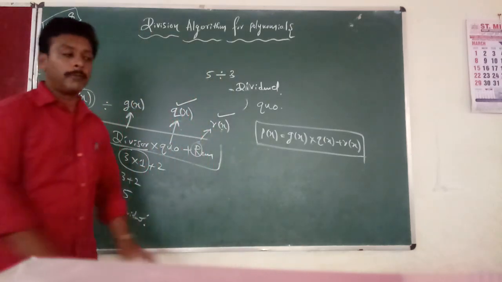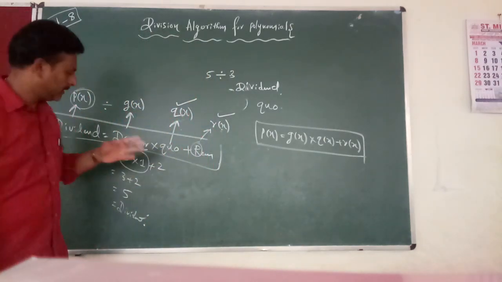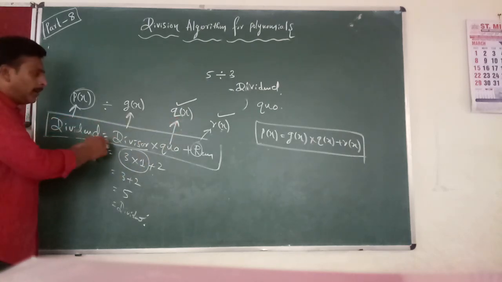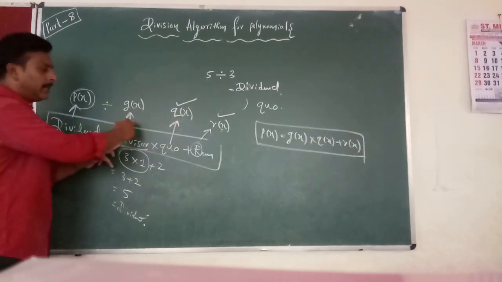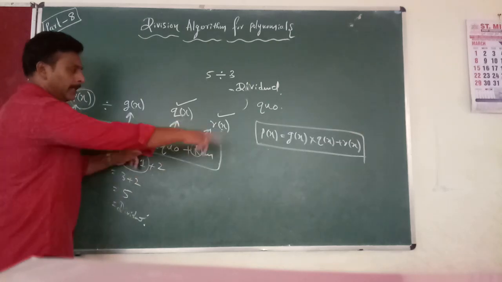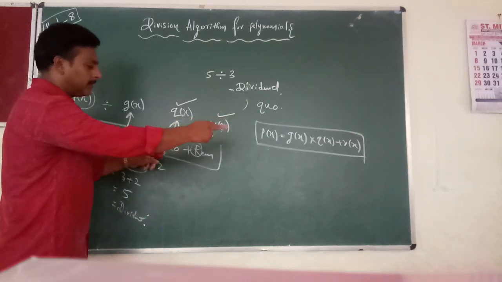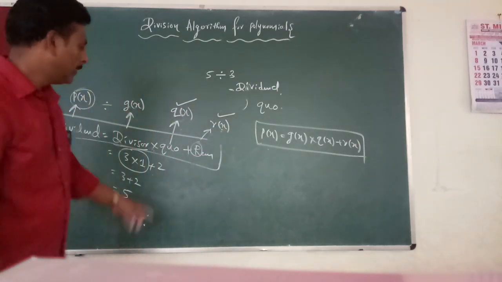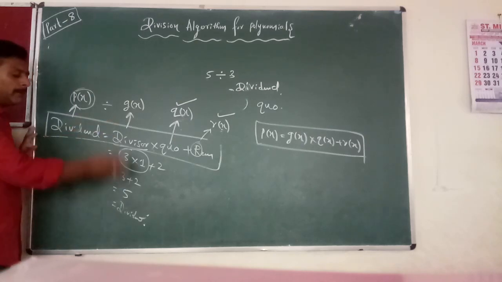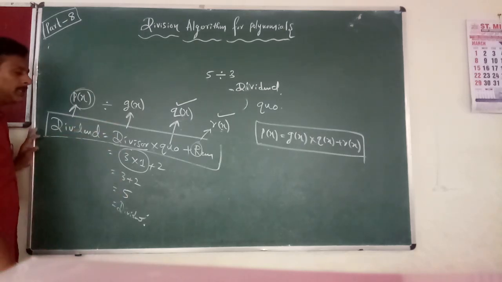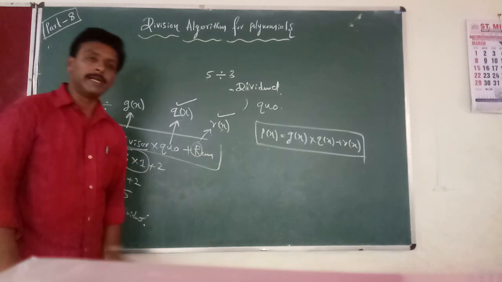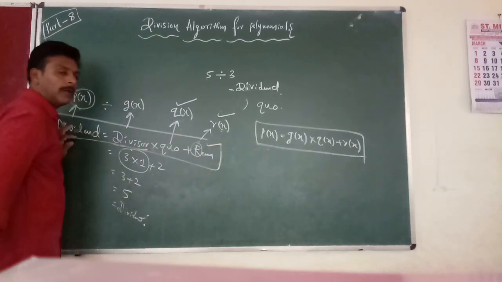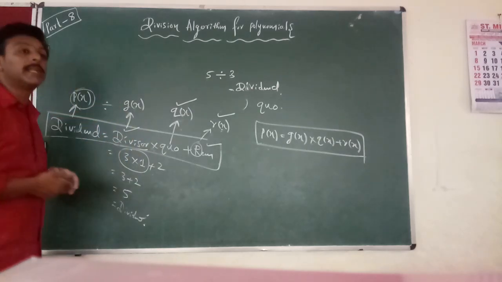Don't worry about where this came from, sir. Write this same formula. Dividend p of x is equal to divisor g of x into quotient q of x plus remainder r of x. So whenever you are dividing numbers also, there is a relation between divisor and remainder. हमेशा देखो, किसी भी division में remainder का value always divisor से छोटा ही रहता है.